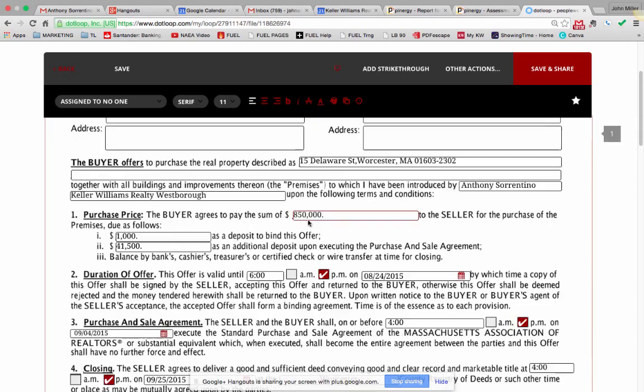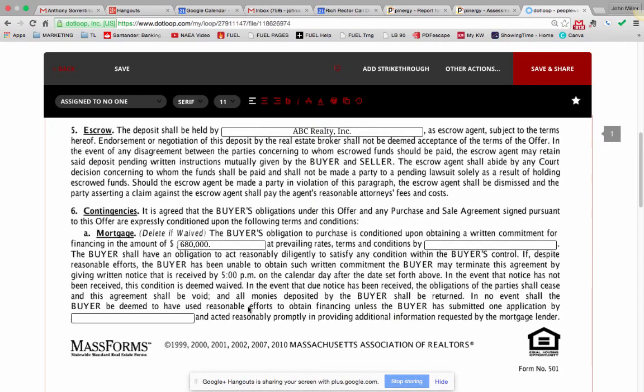So when you take $850,000 minus $42,500 for your deposit that's applied to your purchase price, plus you're putting 20% down as a down payment on the property, and you're borrowing $680,000. When you deduct that, you have a balance of $127,500.